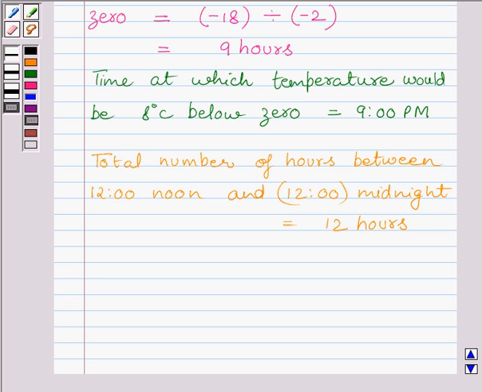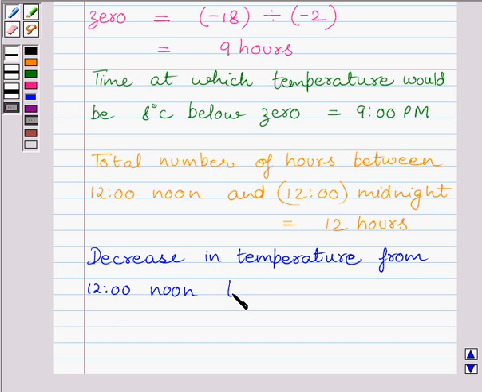So we can write decrease in temperature till midnight is equal to 12 multiplied by minus 2, which is equal to minus 24 degrees Celsius.